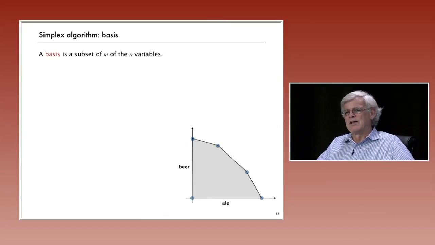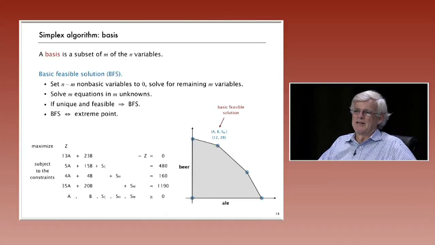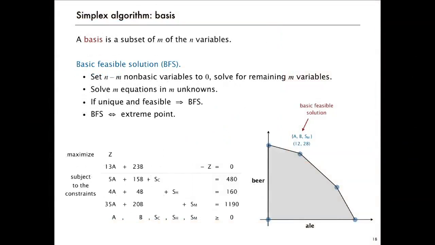So there's first the idea of a basis. So that's just a subset of the variables, so we pick a subset of the variables, and then we're always going to be working with something called a basic feasible solution. So the idea is you have a subset of the variables. So say that's m.